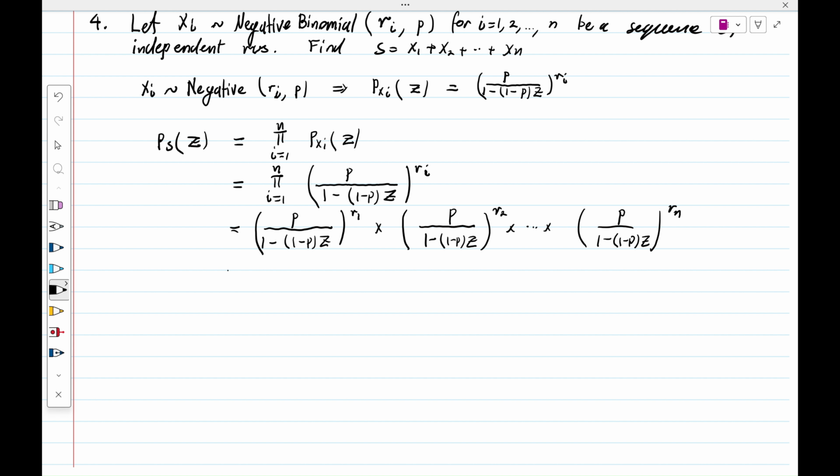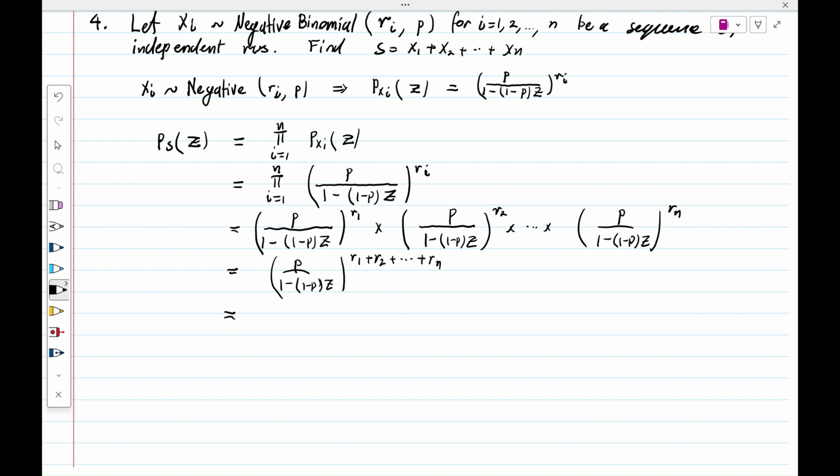And again, we've seen in similar situations where we're multiplying by the same base but with a different power, this is the equivalent of taking the base 1 minus pz and adding the powers together, r1 plus r2 plus all the way to rn, when multiplying, of course. Notice we're multiplying here.